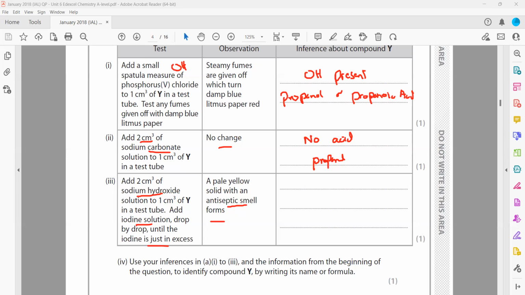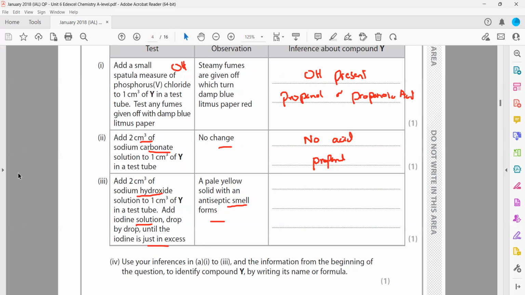Because if it was a primary alcohol like propan-1-ol, CH3CH2CH2OH, this will not give a positive result. So when OH is attached to CH2, this iodine test is not positive.